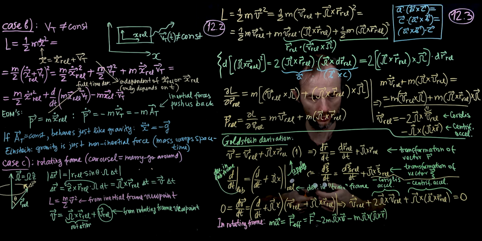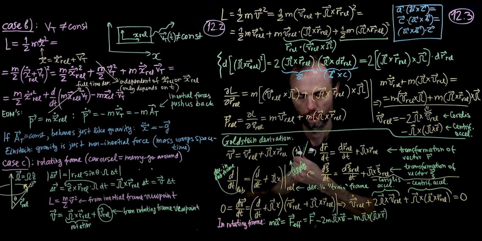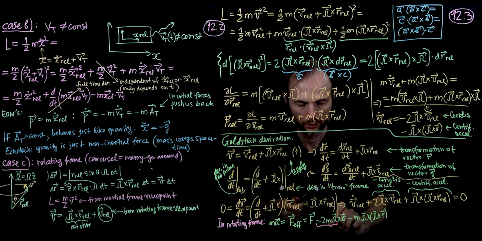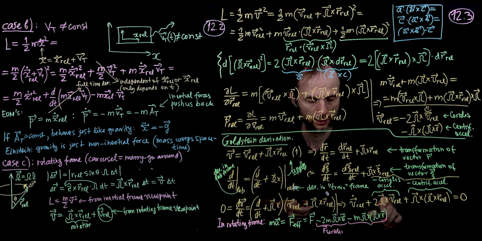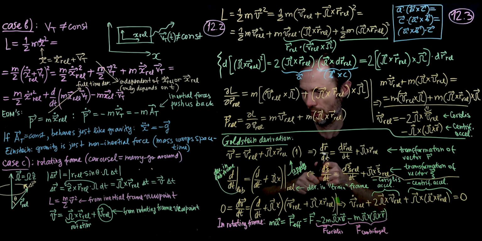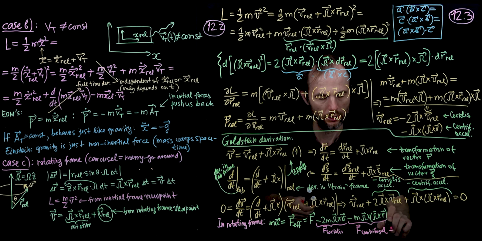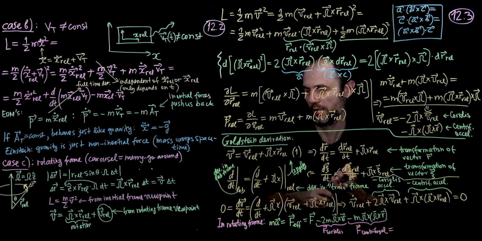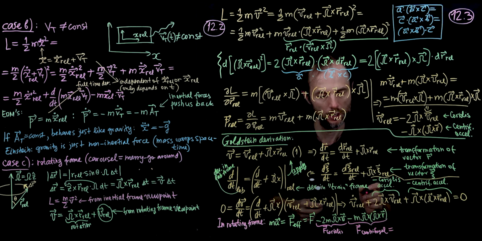So let's write that out explicitly. So this is F Coriolis, and this is F centrifugal. And we can massage the centrifugal force a tiny little bit in order to maybe make it look more like the form that we used to.